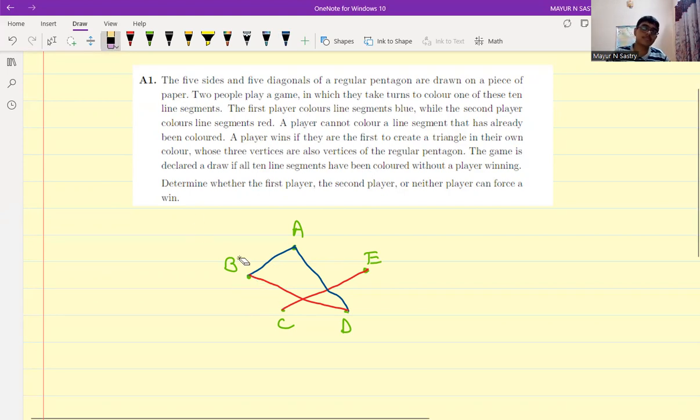Similarly, what if I say join DE? Even if I join DE, the only possible triangle which could be formed in my next turn is triangle ADE, which of course the second player would prevent by coloring AE red. That is not what we desire, but we need to keep trying all possibilities.